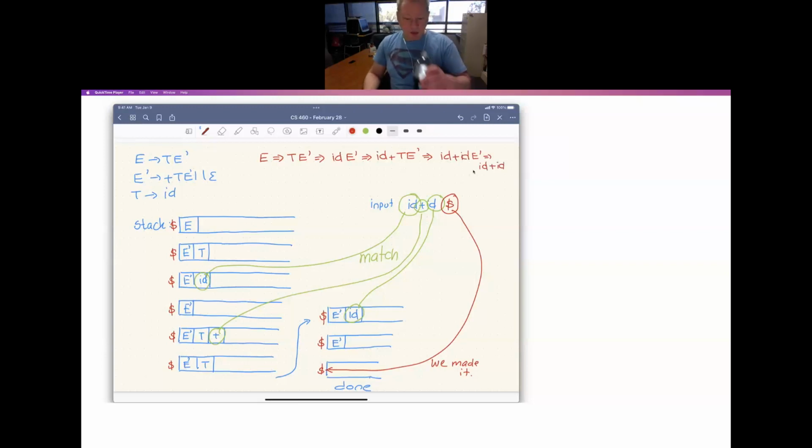So we did manage to mimic a leftmost derivation of the input string using a stack instead.